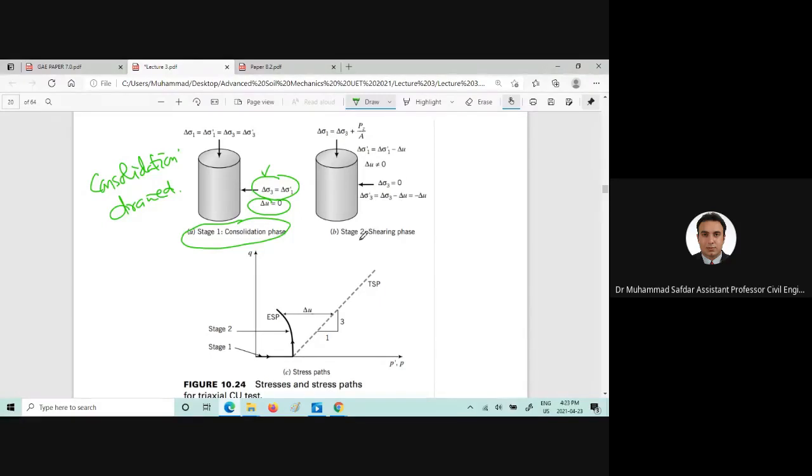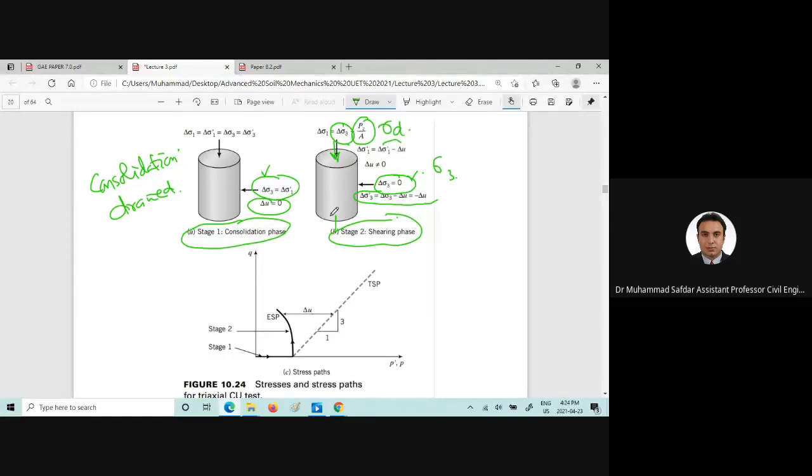Now, in case of the shearing stage, we are applying delta sigma 3, which is equal to 0, because we will apply sigma 3 and then we are going to shear the specimen, and that is the addition to the delta sigma 3, and we will apply the deviator stress.